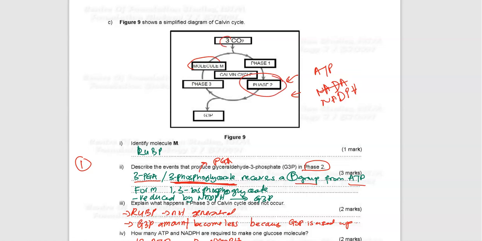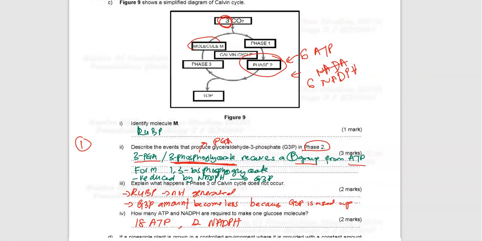Because soalan ni dia menggunakan 3 carbon dioxide. So maksudnya kat sini akan menggunakan 6 ATP dengan 6 NADPH. Tengok balik kenapa 6? Faham kan daripada previous video tu. Previous video yang saya dah buat.